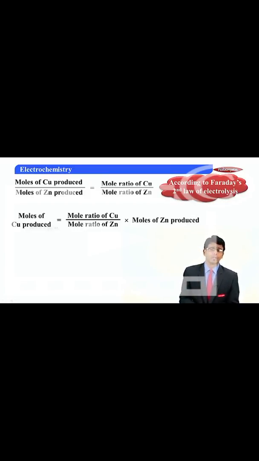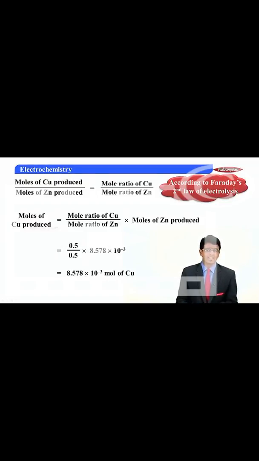But we know that the mole ratios of copper and zinc both are 0.5, isn't it? So 0.5 upon 0.5 multiplied by moles of zinc produced, that is 8.578 into 10 raised to minus 3. So precisely, I can say that moles of zinc produced actually is equal to moles of copper produced, right?